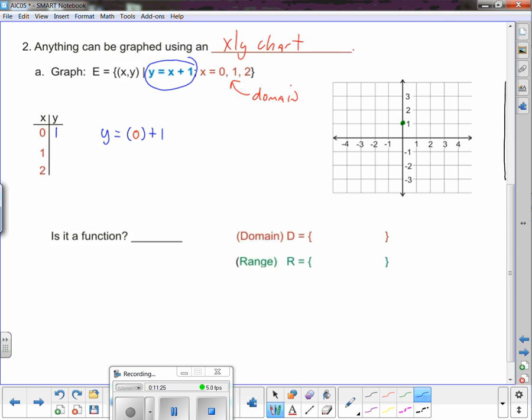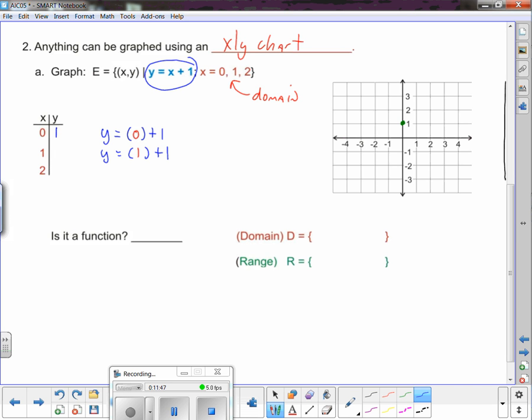Now I'm just going to repeat that for the second value of the domain. Again, it is important that you put a parenthesis where that independent variable is. In this one, it's not such a big deal, but later on, it becomes important. You'll see that. All right, second time, we got to use 1. And see, we're filling in our XY chart.